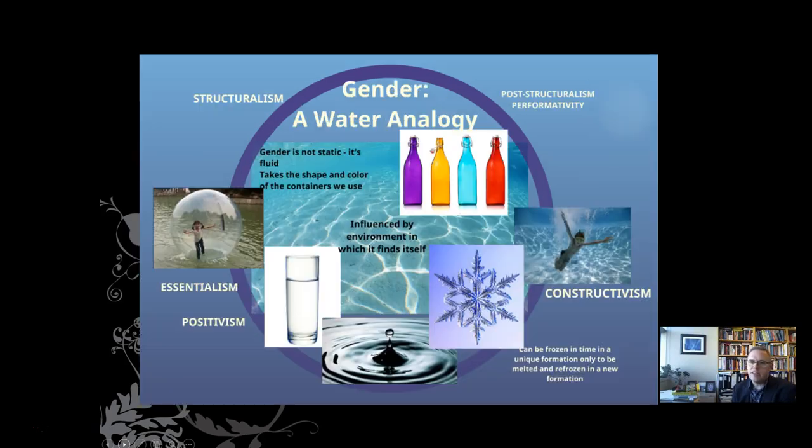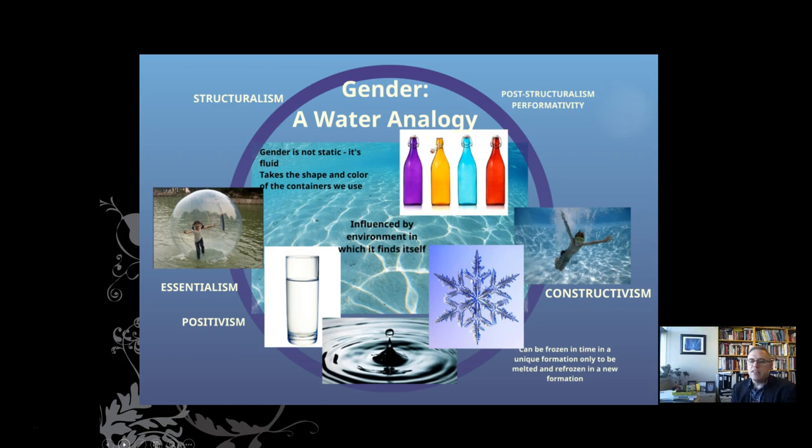So I like to use an analogy of water now, because gender is fluid. It's shifting all the time, even within a certain individual. And it takes on the shape and the color of the containers in which we put it. So if we create a container that says masculinity is this way and femininity is that way, then it tends to look that way, but it's not necessarily what it is.